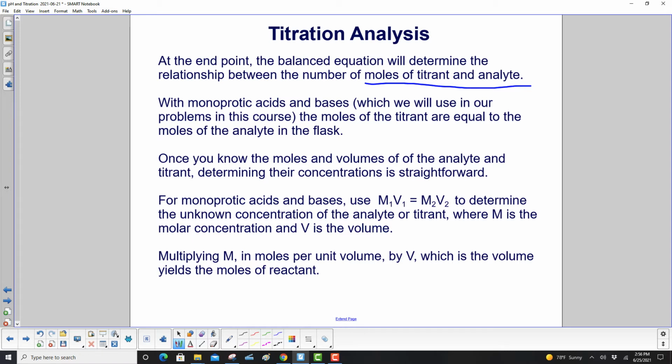For monoprotic acids and bases, use M1V1 equals M2V2 to determine the unknown concentration of the analyte or titrant, where M is the molar concentration and V is the volume. Multiplying M, which is moles per unit volume, by volume yields the moles of reactant.